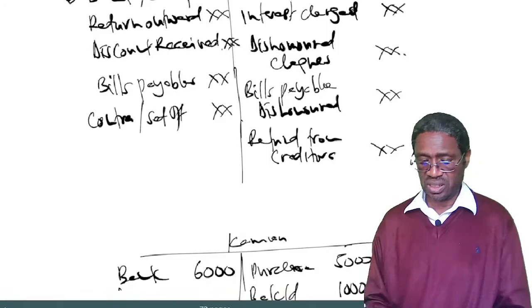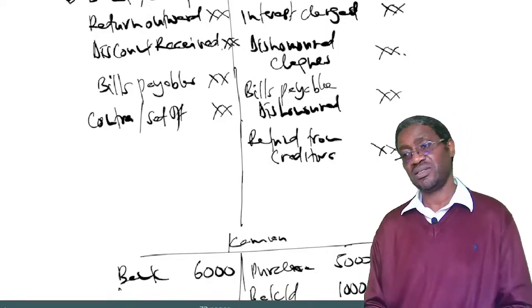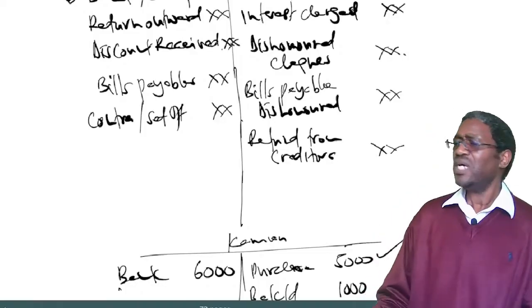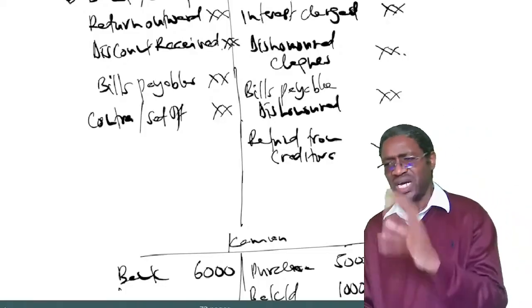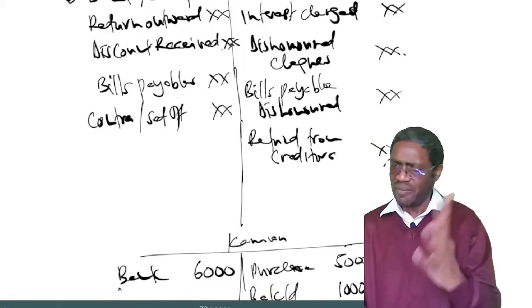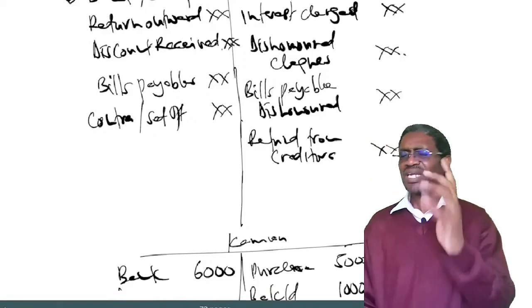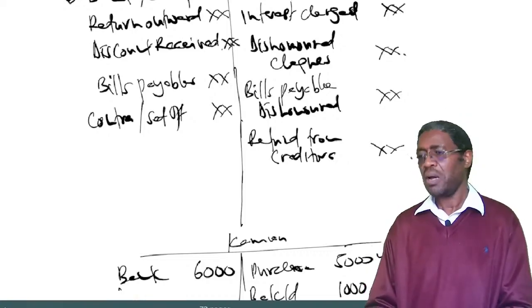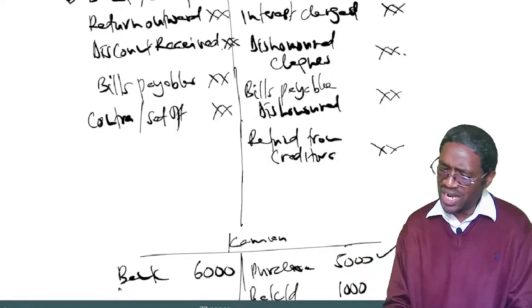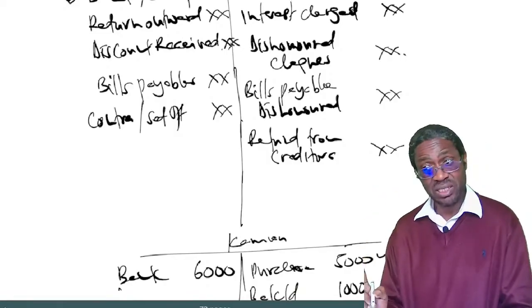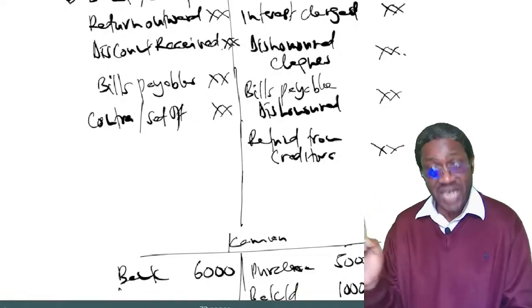Closing balances. I hope you will listen carefully. In most cases, creditors are always a credit balance. We have said that. It's a liability, and a liability is always a credit balance. But you cannot bring it down on the credit side again without carrying it down.